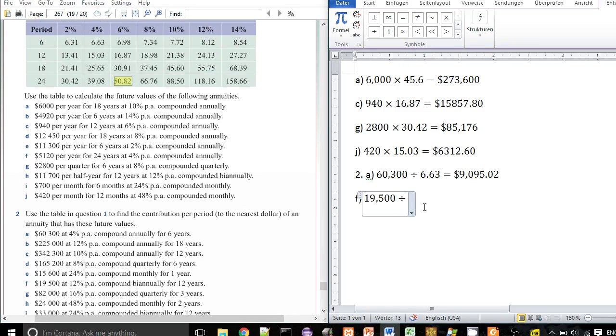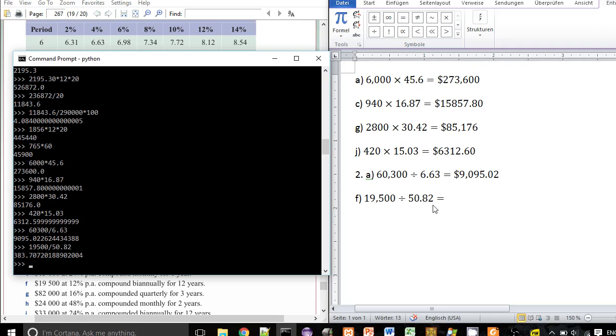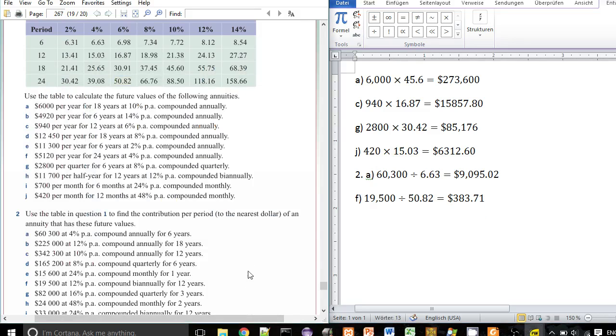So I need to divide by 50.82. Okay, 383.71 cents. Okay, so wait a second. Which one is that? Yeah, okay. If you're doing it for 12 years, twice a year, getting quite a bit of interest, you only need to put $383 in each time, and you'll end up with 20,000. That's reasonable.